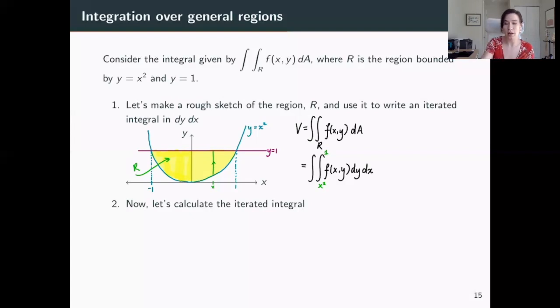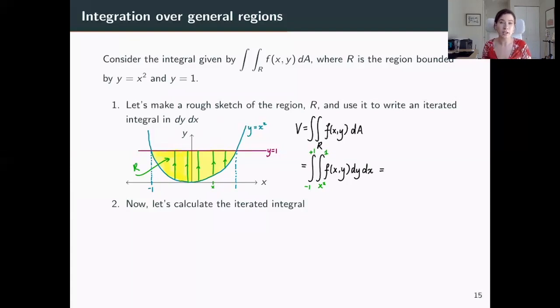And so while our y is varying from x squared until 1, our x values are varying from -1 to 1. I'm going to take that change in my y for all kinds of values from -1 to 1. Which gives us this as an iterated integral representing the volume.